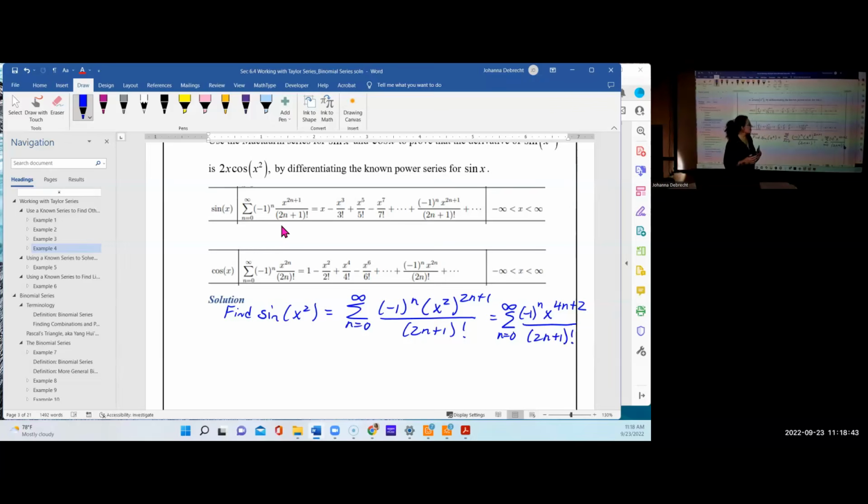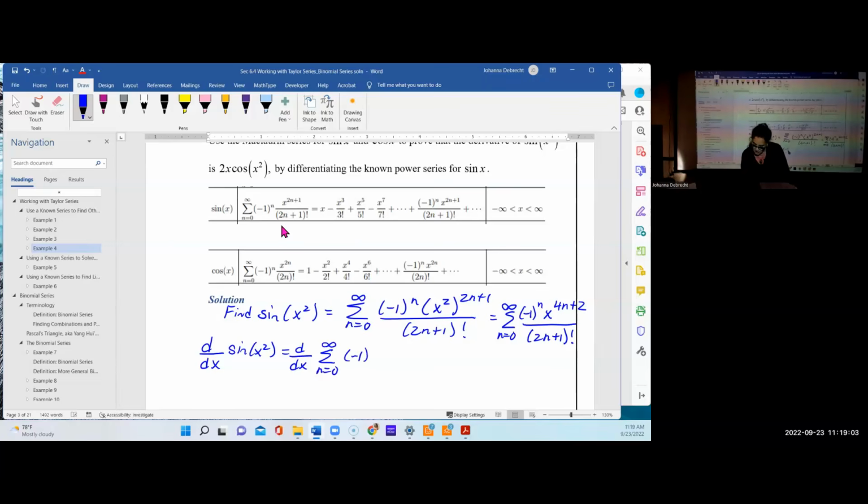So the next thing we want to do is take the derivative of this in our Taylor series form, right? The Maclaurin series. So we have sine of x squared, which is going to be the derivative with respect to x of this series from n equals 0 to infinity of -1 to the n, x to the 4n plus 2 divided by 2n plus 1 factorial.